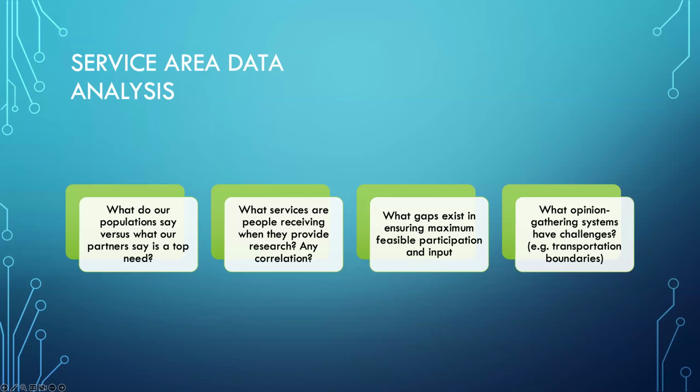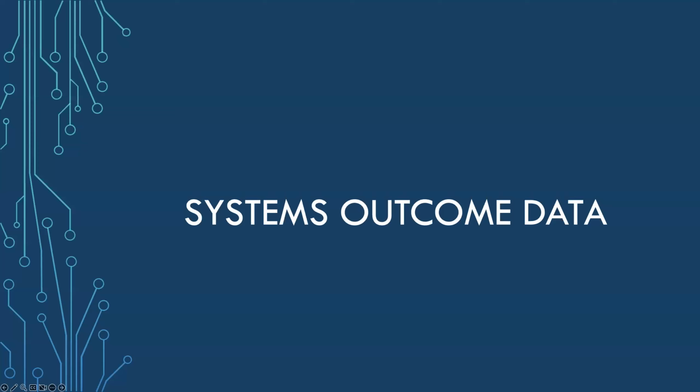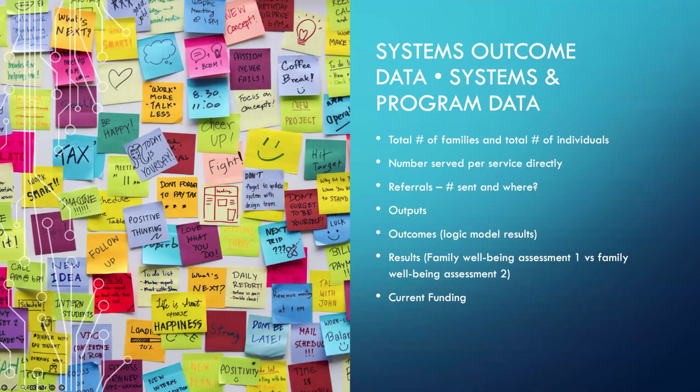Yeah, and we've got a few minutes left, and for the balance of the outline, I'm going to go over a couple of slides that show you what's included in it. The balance of the outline is looking into things like our existing systems data, which is essentially a lot of your outputs that you record in your data systems, like the total number of families and the total number of individuals.